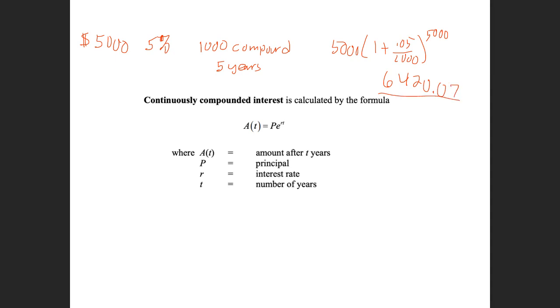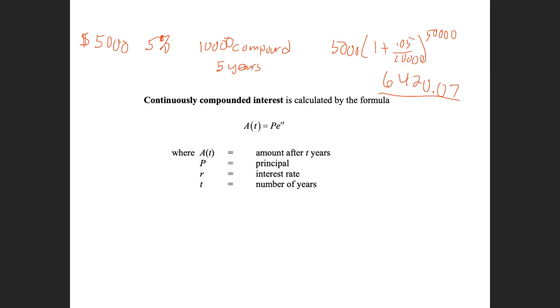Okay, now let's say I said I'm going to compound this 10,000 times. So now I'm just going to go back and redo that problem. I'm just going to insert another 0 here. So that's 10,000. I'm going to raise it to 50,000. Okay.